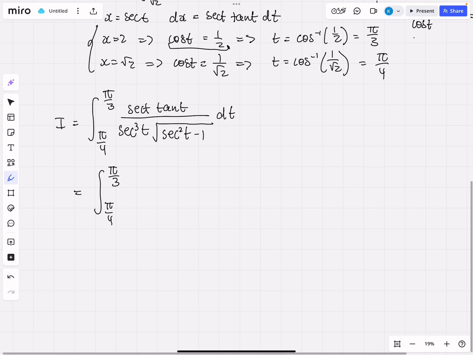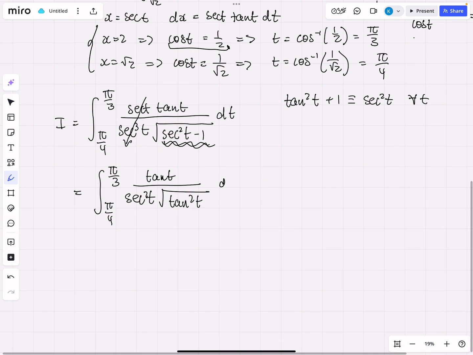What do you notice cancels out? Well, one of those sec t's and one of the sec t on the denominator. So we're going to have tan t over sec squared t multiplied by the square root of, now remember, tan squared t plus 1 is congruent to sec squared t for all values of t. So this expression here is simply tan squared t.